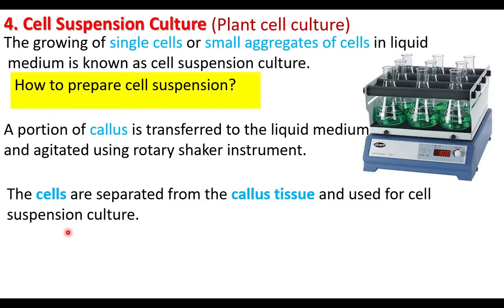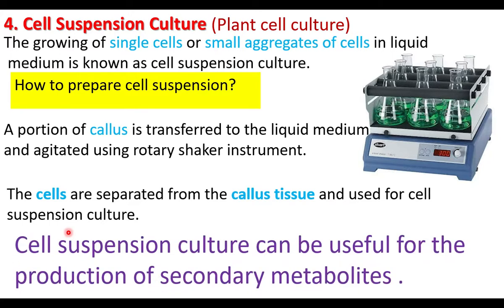What is the significance of cell suspension culture? There are a lot of purposes. It is used to study the properties and functioning of cells, but here the commercially important aspect is discussed. Cell suspension culture can be used for the production of secondary metabolites.